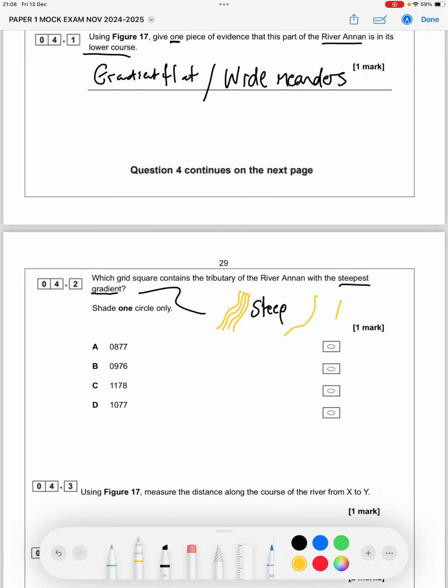If your contour lines are quite far apart, then that means you've got more of a shallow or a flat gradient.